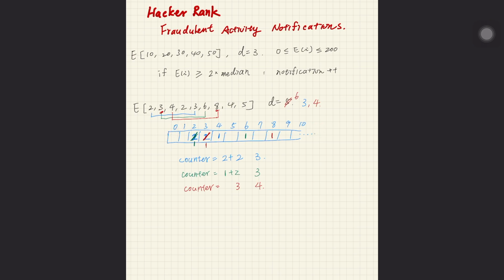Okay, it should end at 200. So this one is a fixed size, so this is 200, and so the time complexity here is 200 multiplied by the size of the list. So the time complexity here is a linear time complexity.